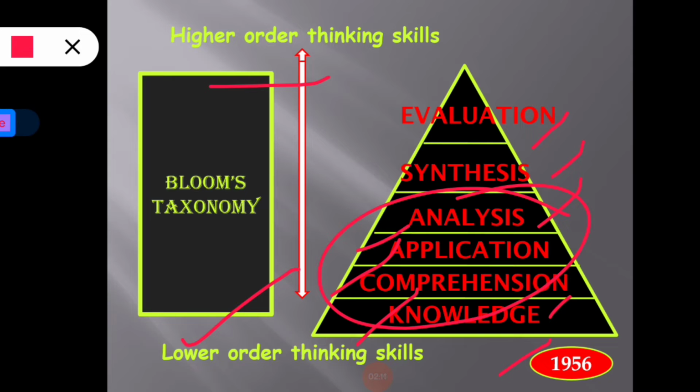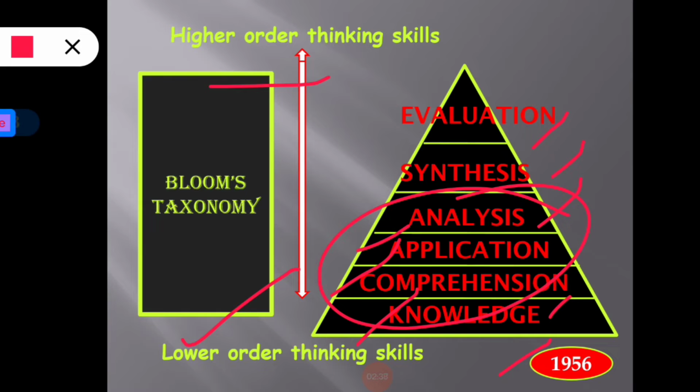And the second category, that is comprehension. At this level, understanding level of teaching is concerned with perceiving the meaning, grasping the idea, and comprehending the meaning. So that's why comprehension is related to the understanding level.